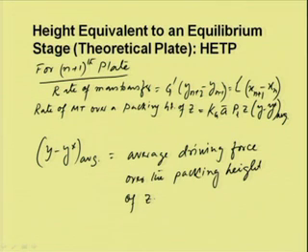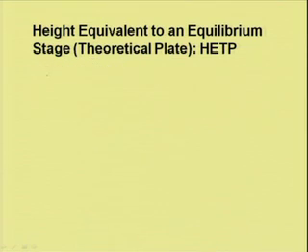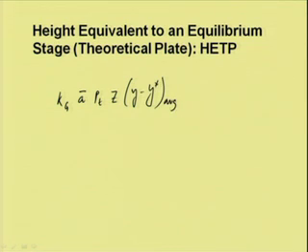So, if the rate of mass transfer on a tray is the same as the rate of mass transfer over a packing surface, we can write kg a bar pt into Z into (y minus y star) average would be G dash into y n plus 2 minus y n plus 1.